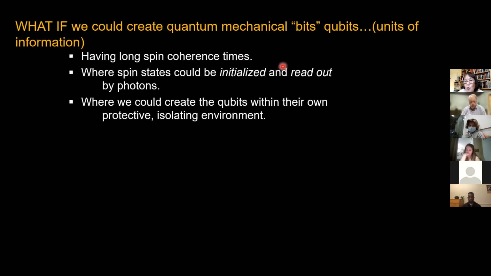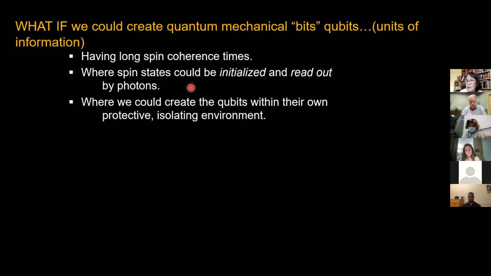So spin is a quantum mechanical property, and the ability to do quantum mechanical operations means that we would like to preserve the direction of a spin or its coherence for times long enough that we can make two qubits or two spins interact. So what if we could create qubits that have long spin coherence times, and where those spin states could be initialized and read out by photons?